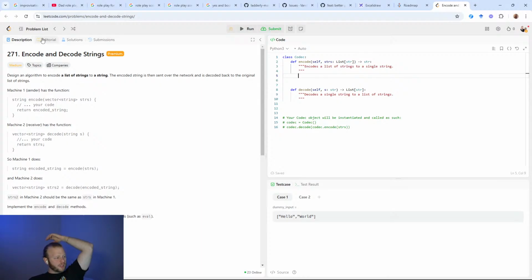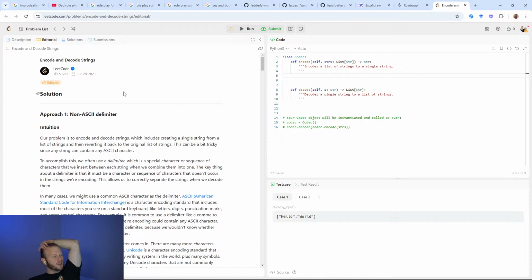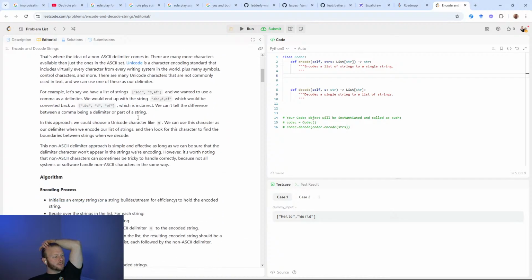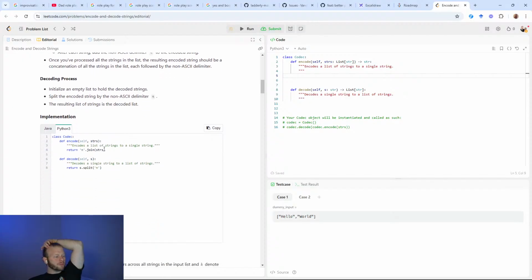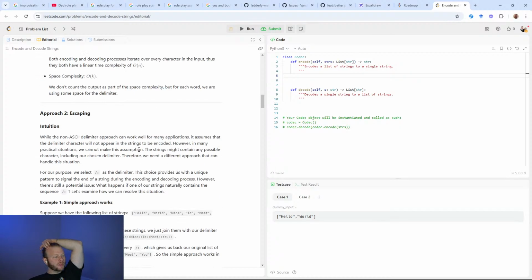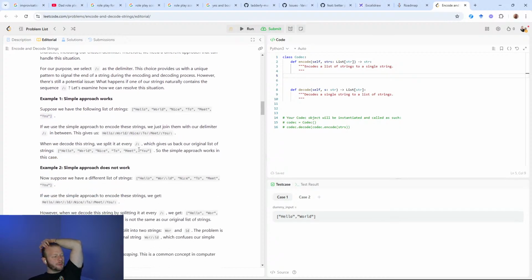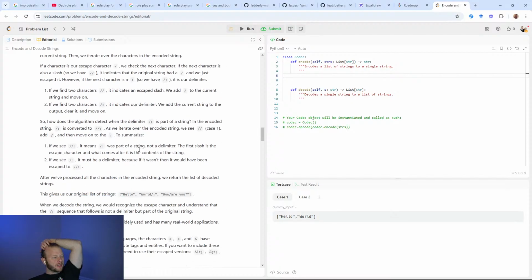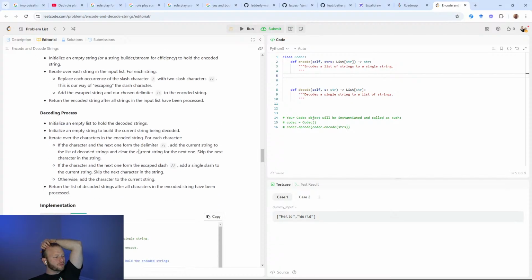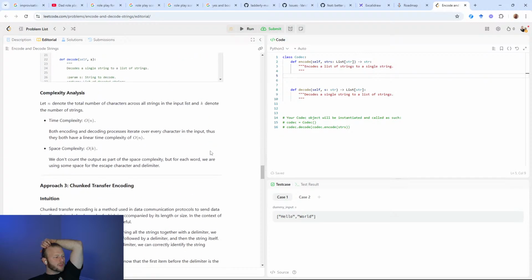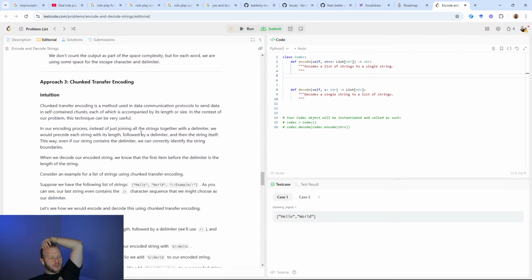I don't know. Let's see. Non-ASCII delimiter. Yeah, fine. Yeah, some like weird character. Fine. Escaping. Okay, so escaping is expansive, but I guess they're fine with that. Chunked transfer encoding.